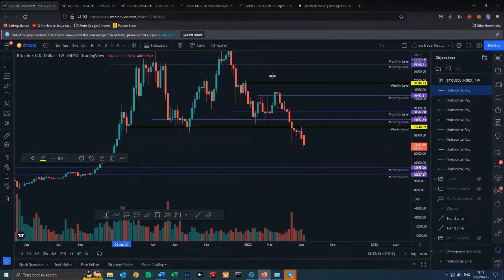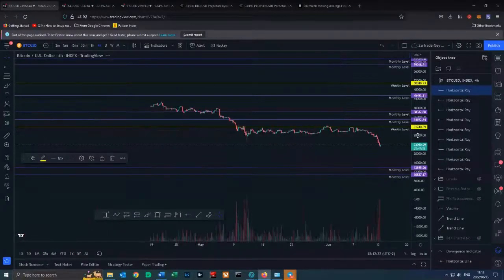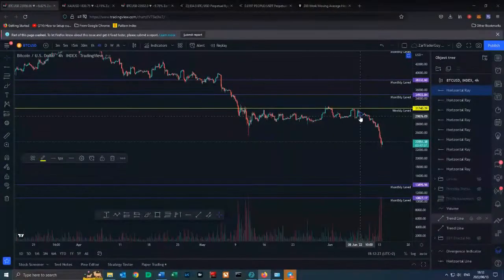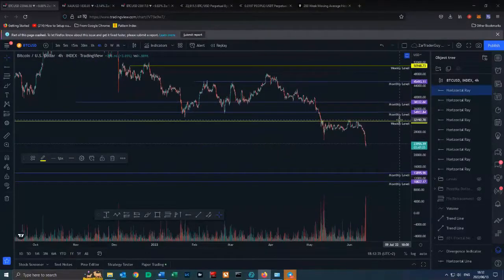So if we drop down to our 4-hour chart right here, let's just scroll like so. You can see this is the range that we were trading in, and there's our weekly resistance level sitting at $31,700.